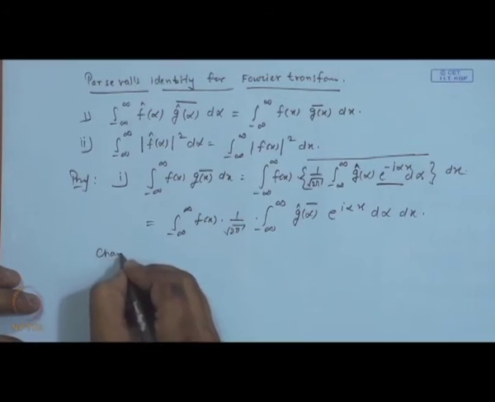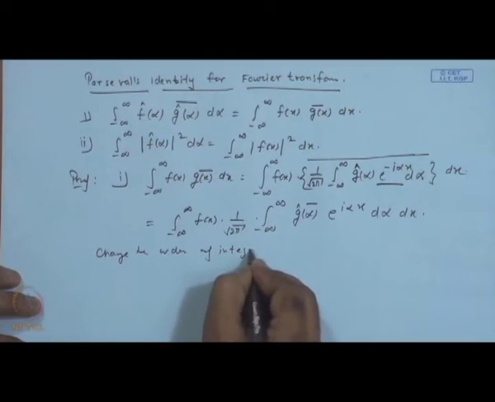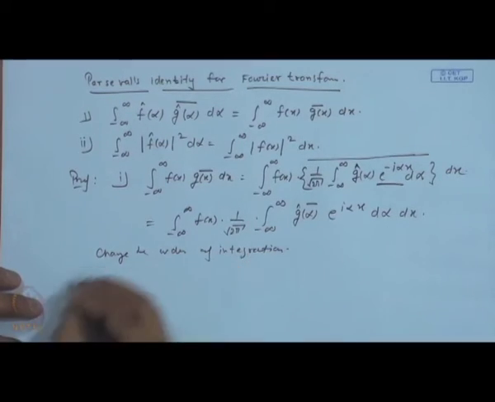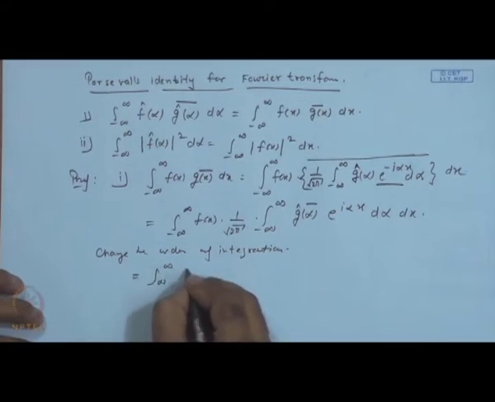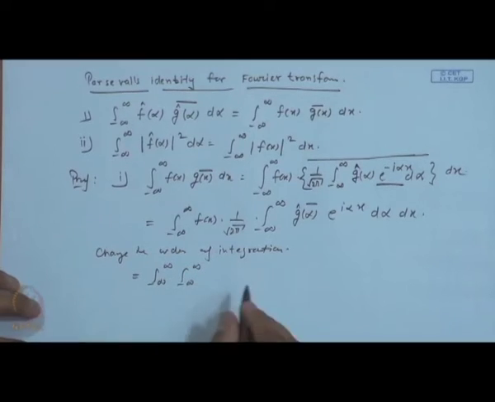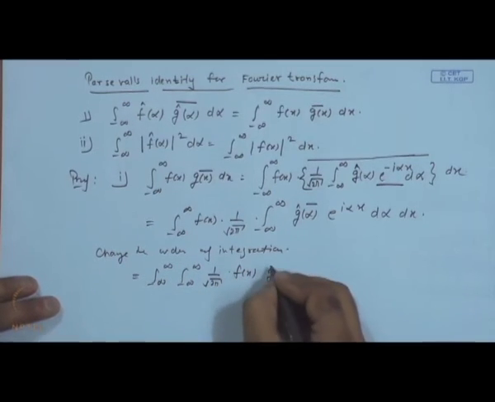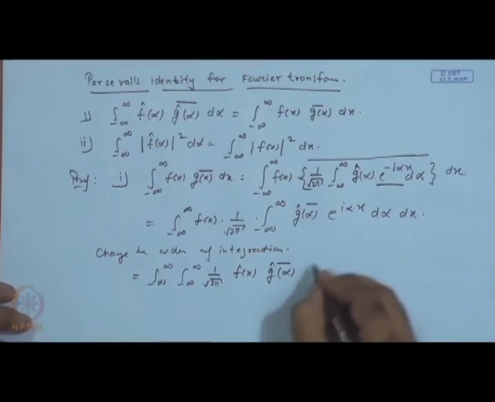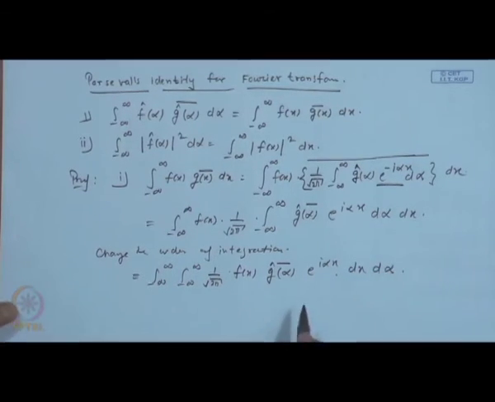And now we can change the order of integration. In this case, we will get the double integral from minus infinity to plus infinity, 1 over this square root 2 pi, we have f(x), we have g hat alpha conjugate, and we have this e^(i alpha x), then dx, and we have d alpha.